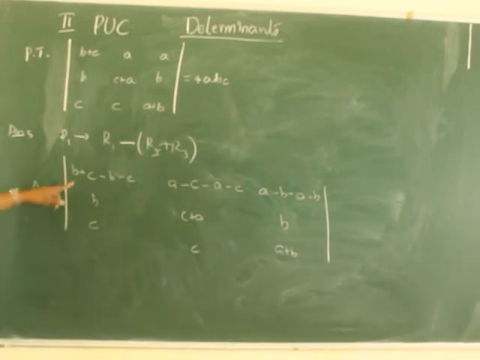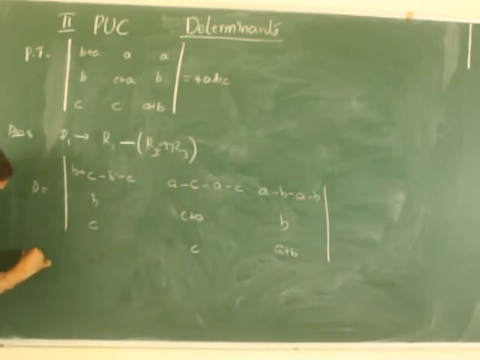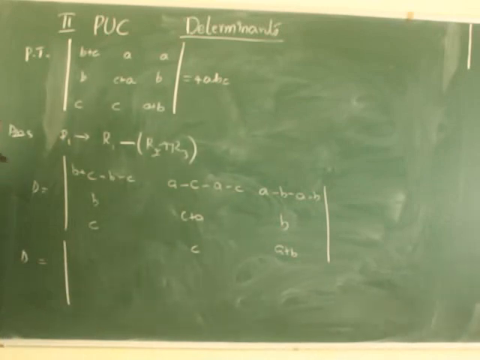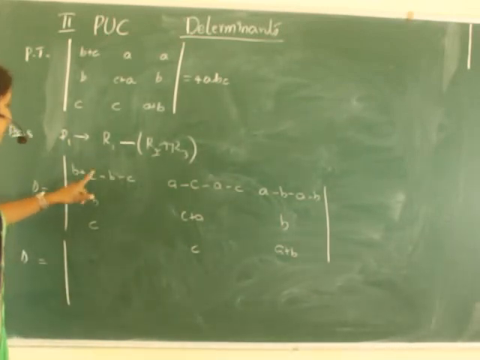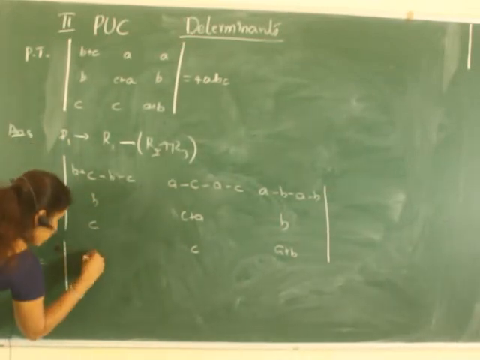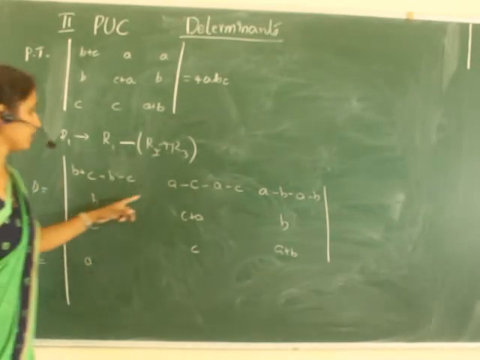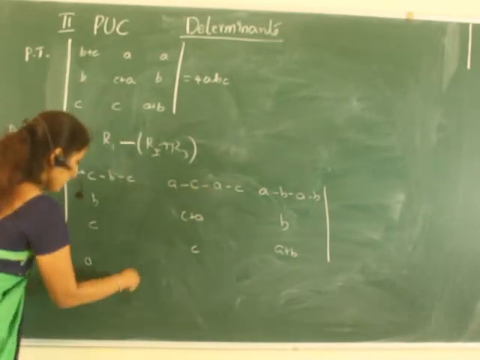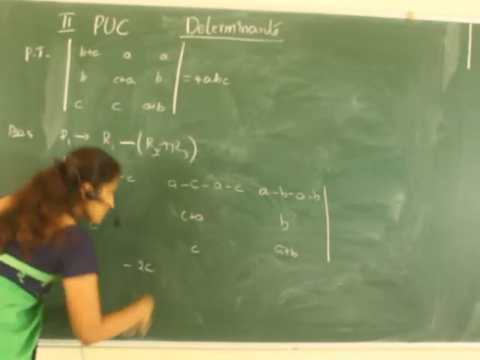After that, what we get here, delta is equal to b minus c, and c cancels to 0, and here a and minus a cancel, we get minus 2c.